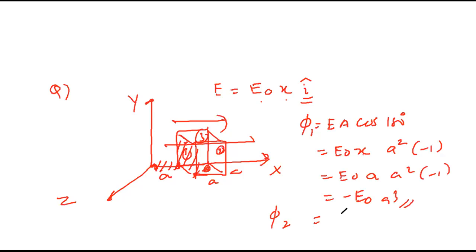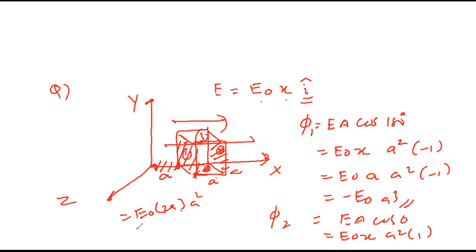Flux on the second face is E A cos 0. So it is E naught x A square into 1. This is E naught. Now what is x? 2A, correct. Because at this face, the distance is not A, it is A plus side A, 2A, into A square. So I will get 2 times E naught A cube, correct? And what is the fourth one?